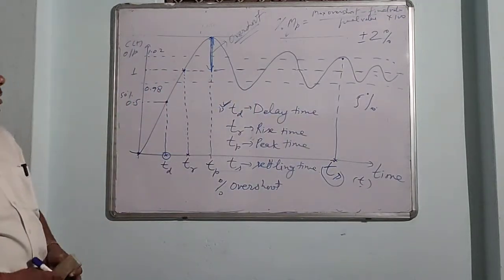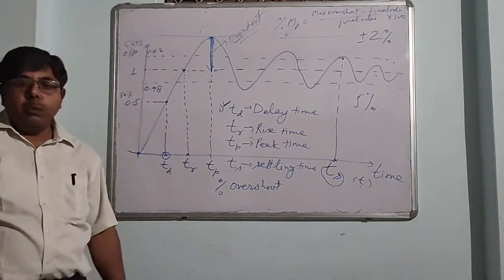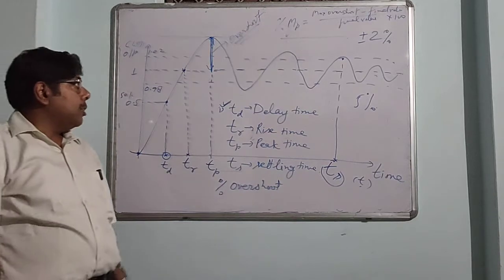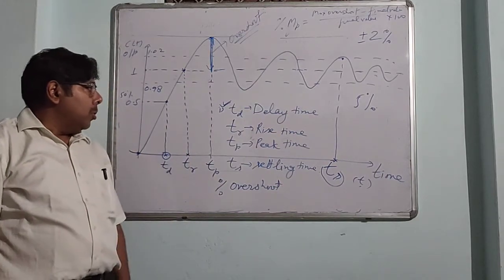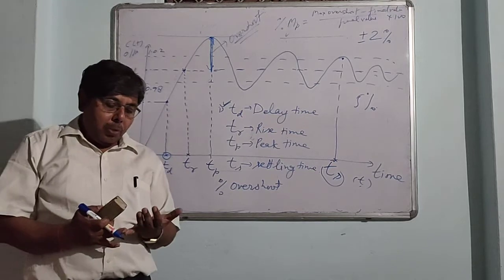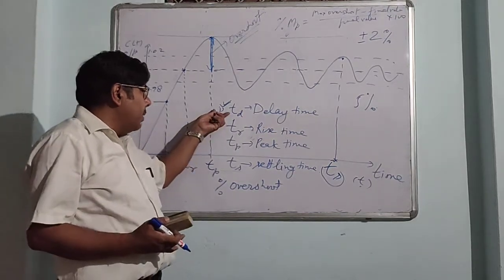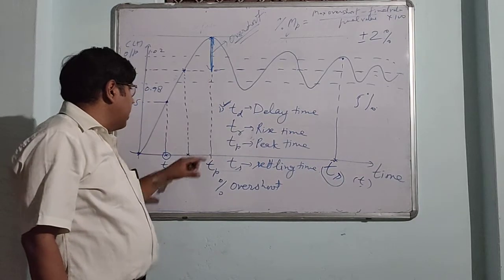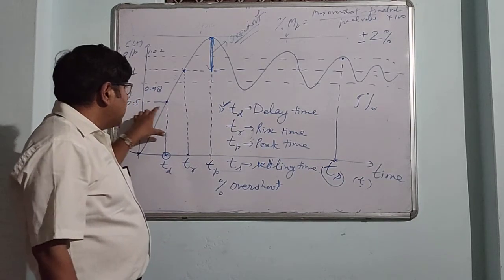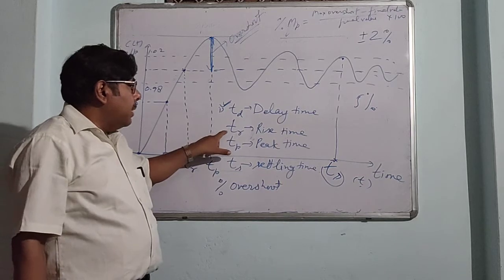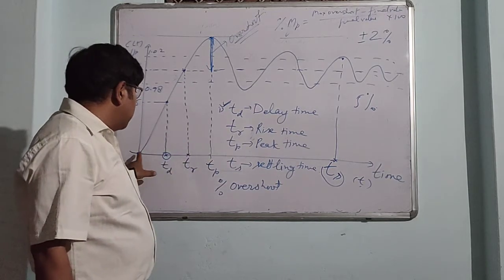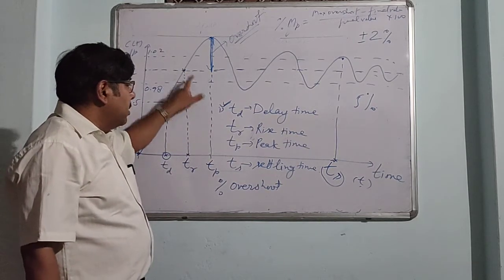So this is the system response and a few definitions related to this system. We have 4 or 5 definitions. First one is the delay time: the time when it reaches 50% of the final value. Rise time: when it reaches from 0% to 100%.